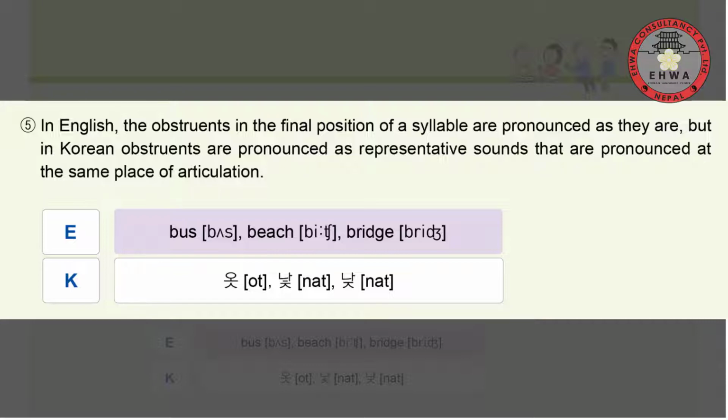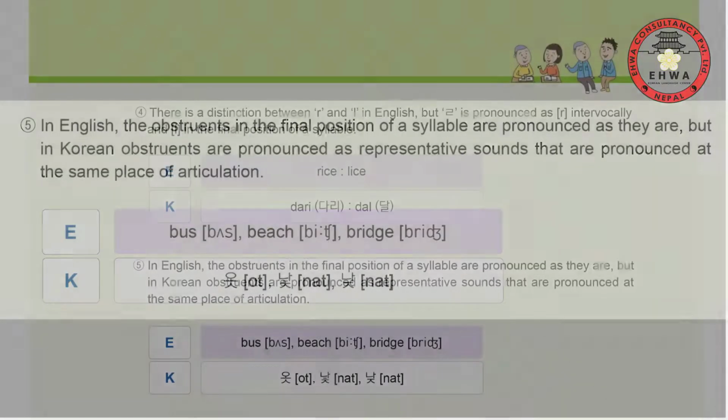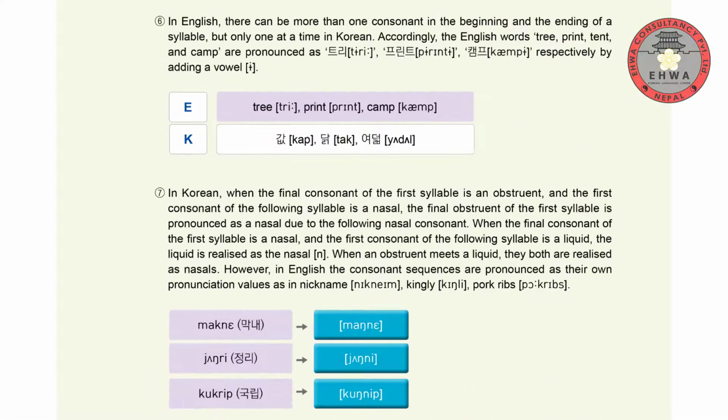But here, they all have a T sound. English, bus, beach, bridge. Korean, 옷, not. Not all of the letters in Korean change sounds at the end of the word, just the ones you say at the end without any air coming out.